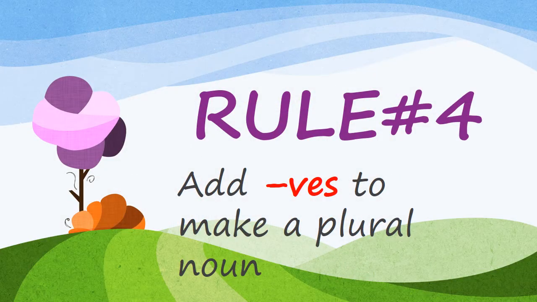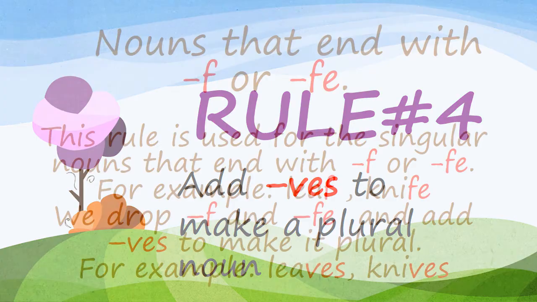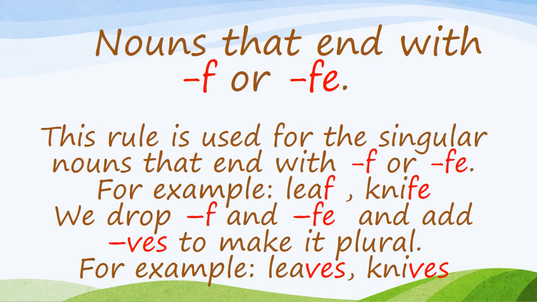Rule 4 says add VES to make a plural noun. Where do we add VES to? Yes, nouns that end with F or FE. This rule is used for the singular nouns that end with F or FE. For example, leaf, knife.